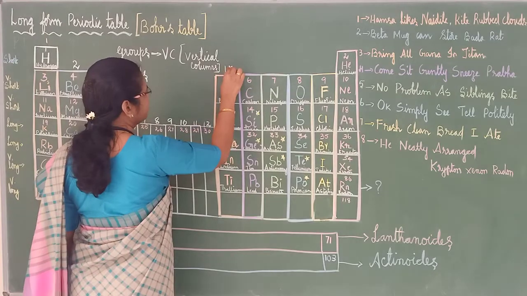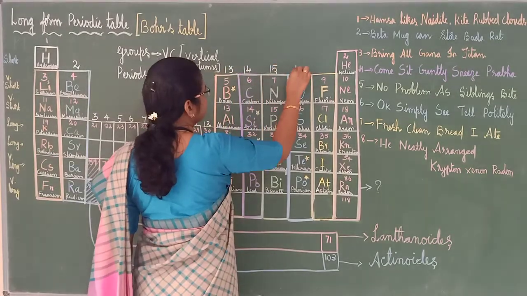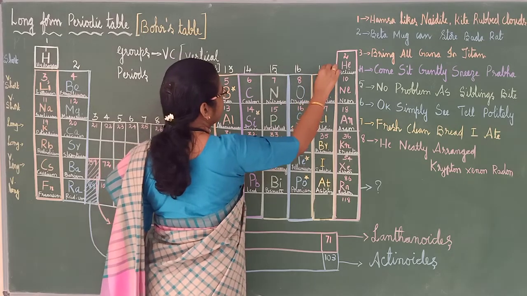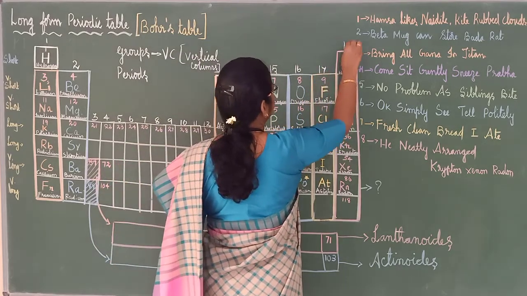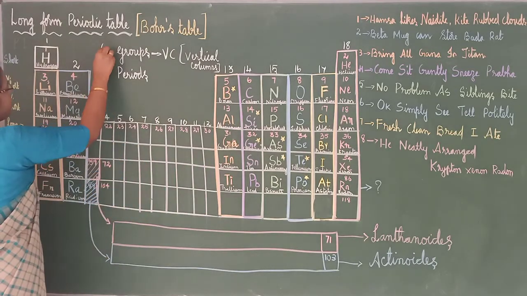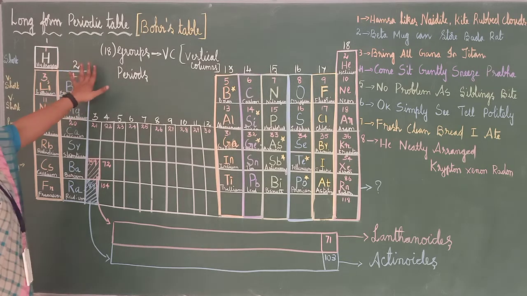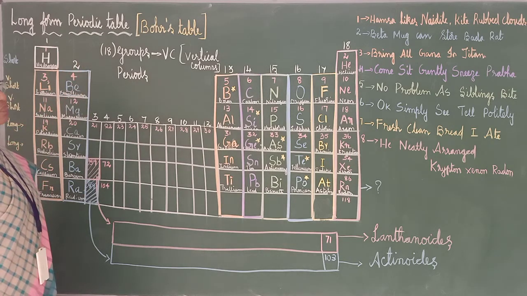Then I am starting from here, 13, 14, 15, 16, 17, 18. So how many groups are there? 18 groups. In this long form periodic table, 18 groups are there.